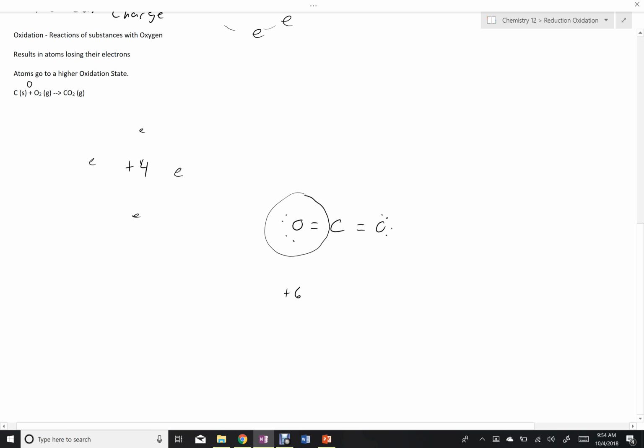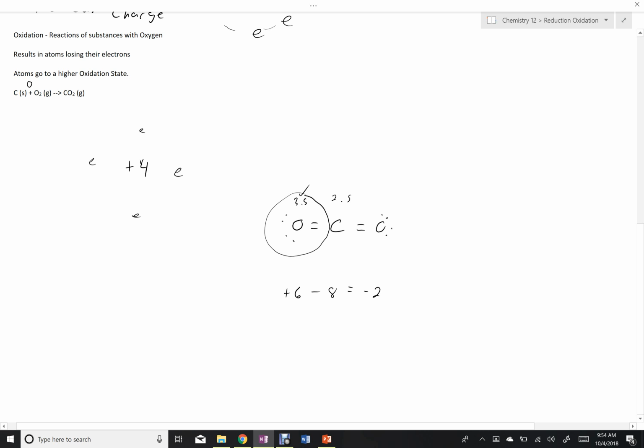Yep, 3.5. And the electronegativity of carbon is 2.5. So since oxygen's is greater, it gets credit for all of those electrons: 2, 4, 6, 8. So it has an oxidation state of -2.